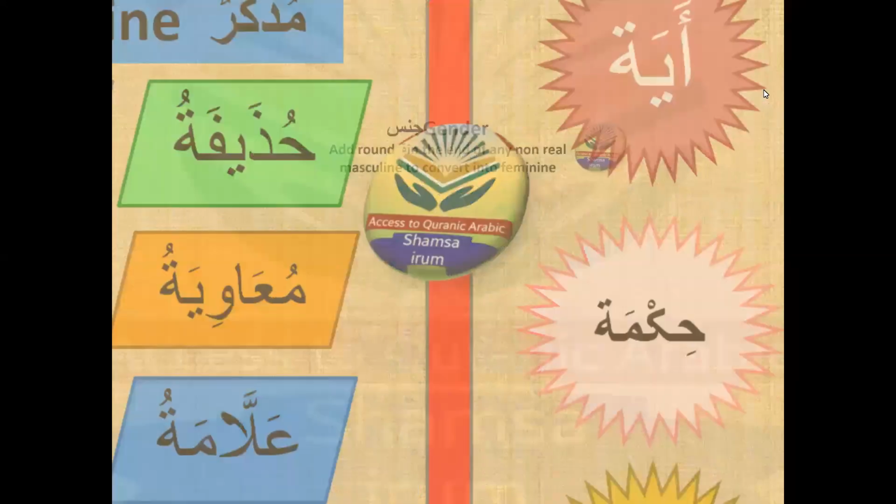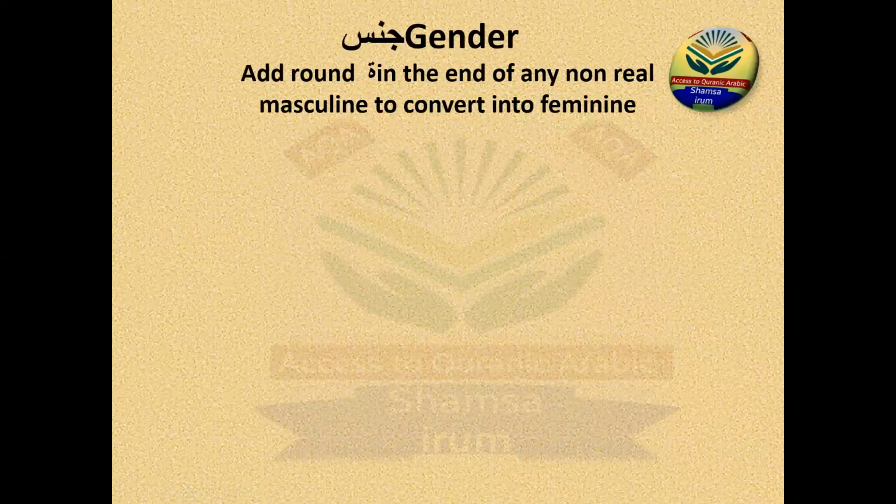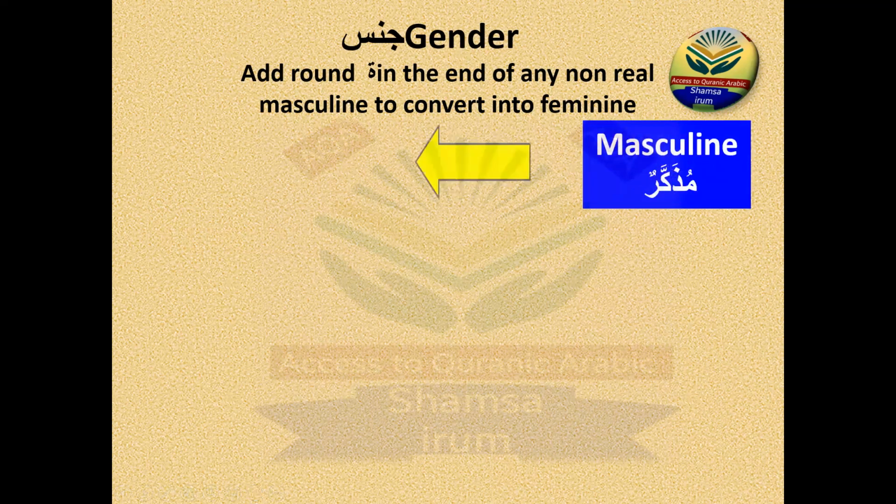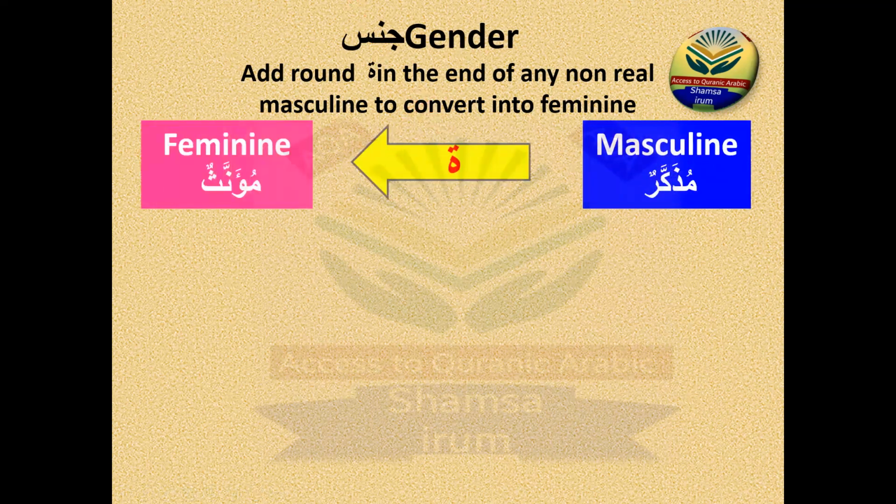Okay, now I'm going to start here. I want to show you something about the round ta. If you add round ta in the end of any non-real masculine, you can convert that word into feminine. How? Take a masculine word and add round ta in the end, and it will convert into feminine.